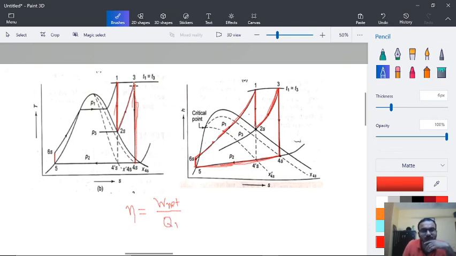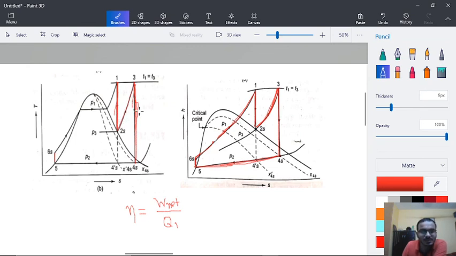That is, the work output is increasing because now we are having two expansions, and the heat input is also increasing. Why is heat input increasing? Because it was previously only in the boiler, but now we are having reheat.